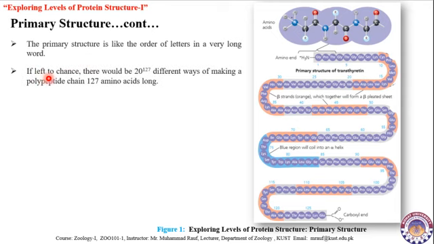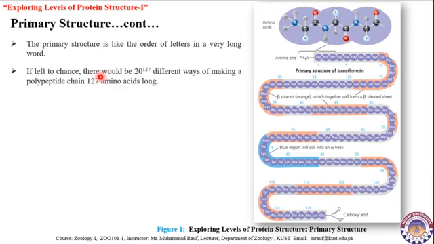If left to chance, there would be 20 raised to the power 127 different ways of making a polypeptide chain 127 amino acids long.